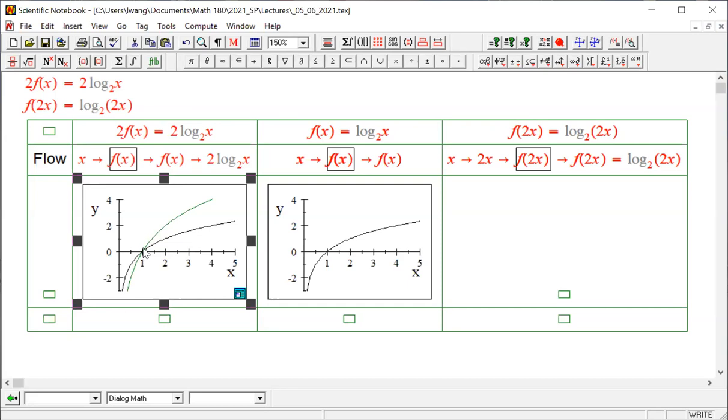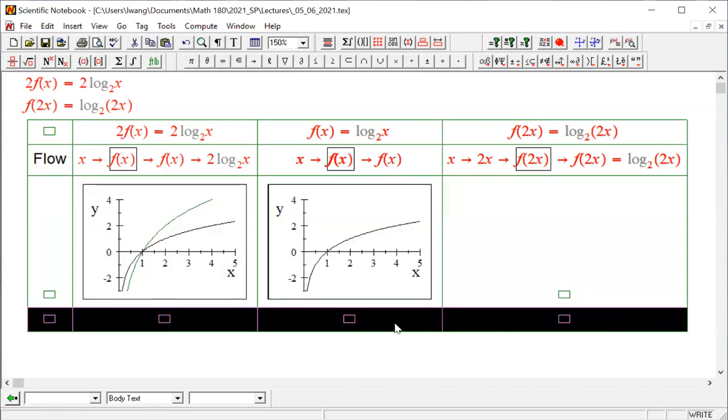Isn't that interesting? But it's not entirely out of our reason, right? Because you're going to set this equal to 0, and 2 times that 0 is still 0. So this X intercept stays where it is.